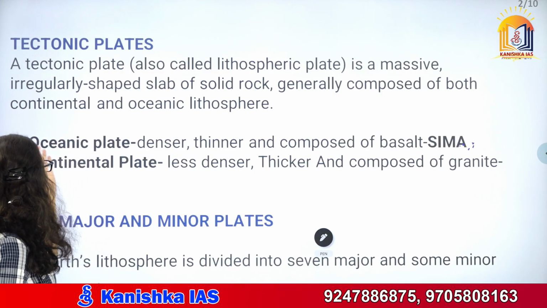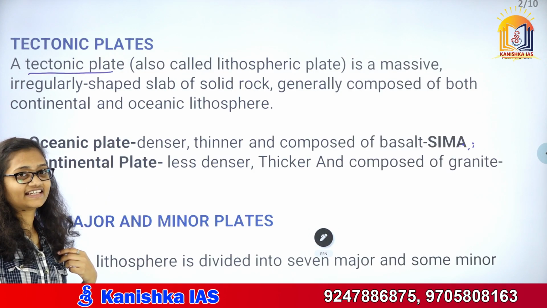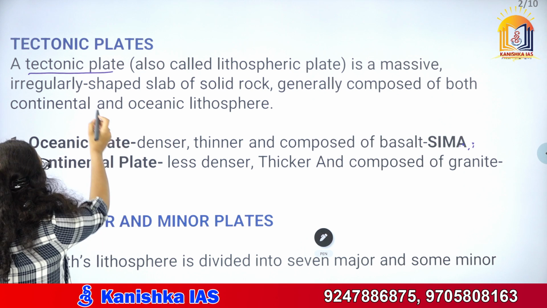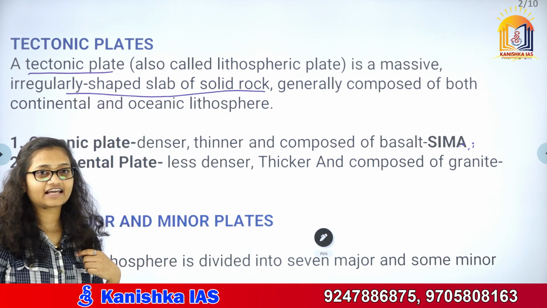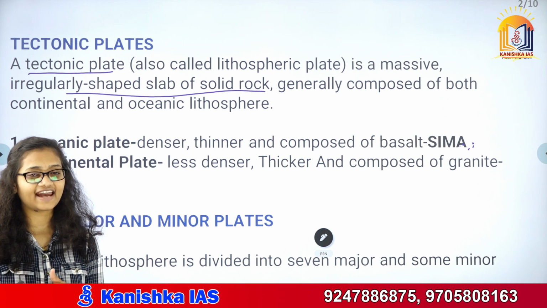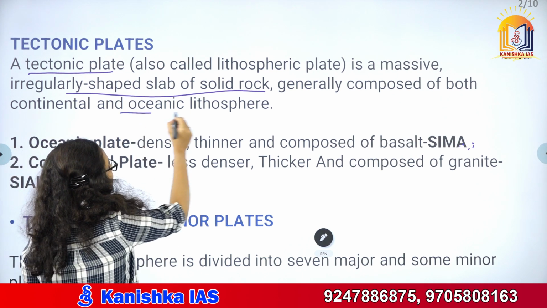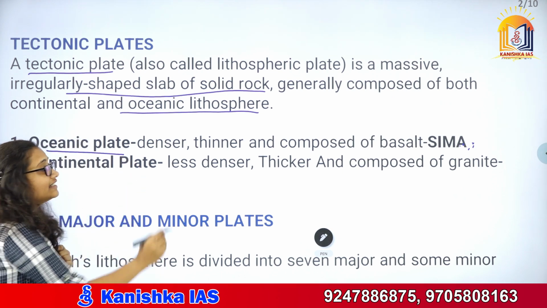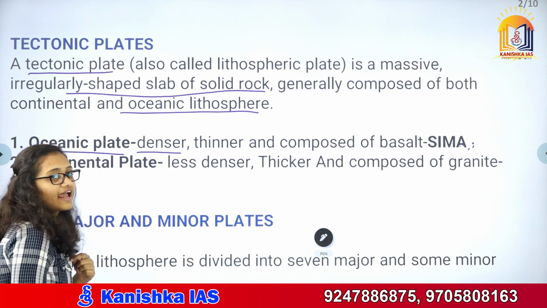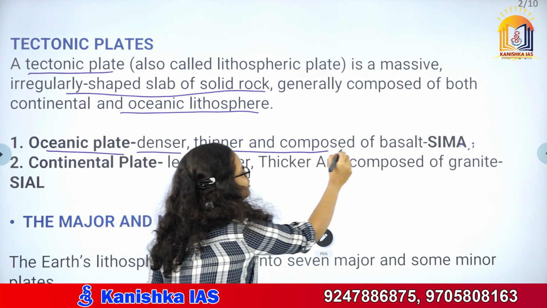Firstly, tectonic plate. A tectonic plate is a massive, irregularly shaped slab of solid rock, which is generally composed of continental and oceanic lithosphere. The oceanic plate is denser and thinner and composed of basalt.